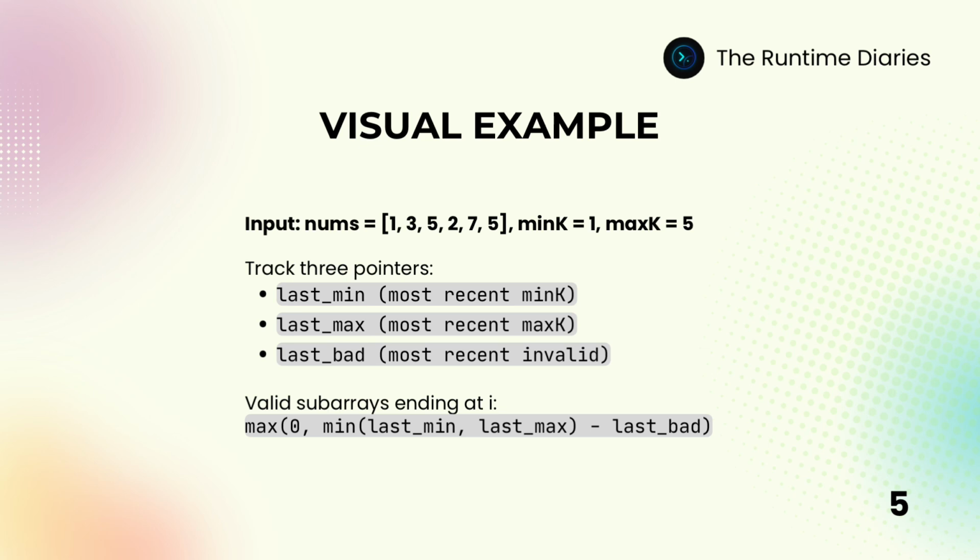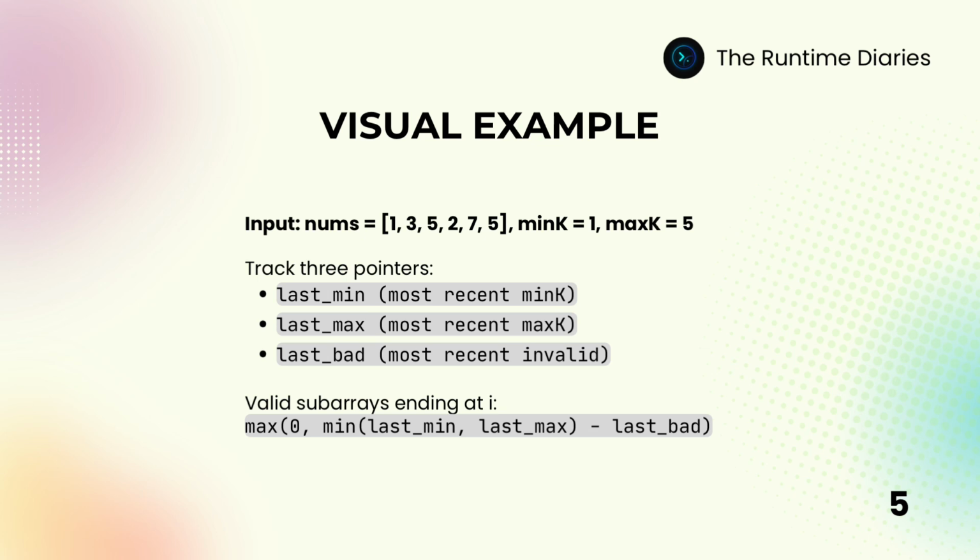As we scan from left to right, we maintain three pointers. last_min, which is the most recent index where we saw minK, which is 1 in this case. last_max, which is the most recent index where we saw maxK, which is 5. And last_bad, the most recent index where we saw any value outside the range minK to maxK. In this example, that would be the 7, since 7 is greater than maxK.